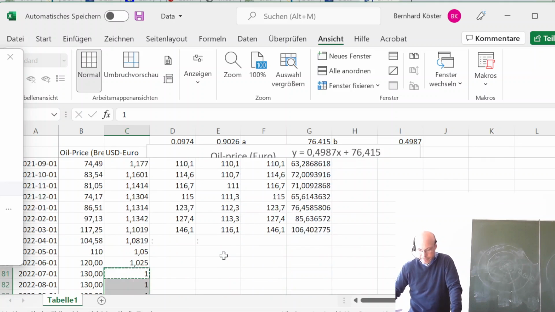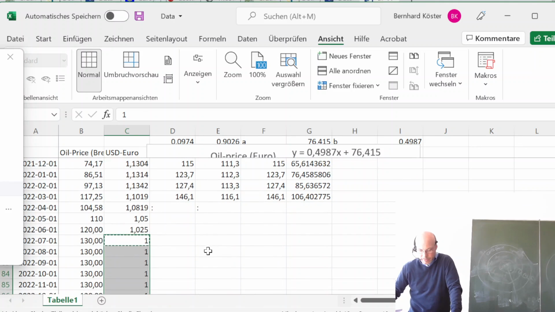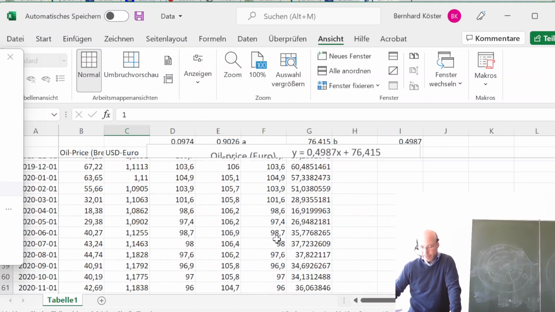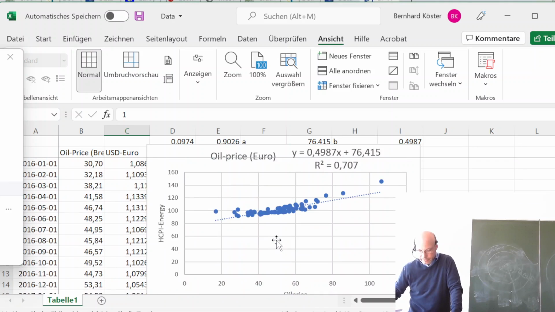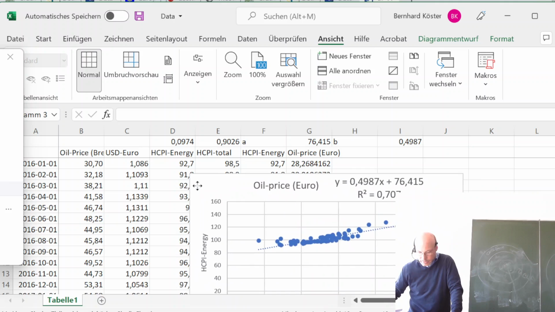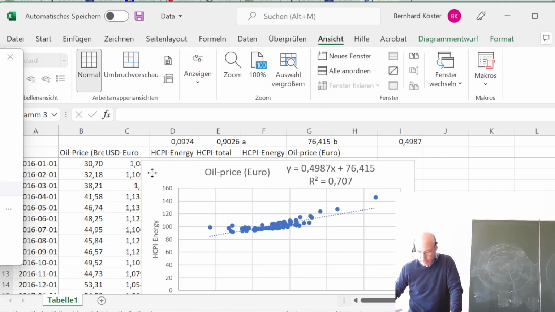With this, we can then calculate the oil price in euros for the next year. And oil price was the last column.